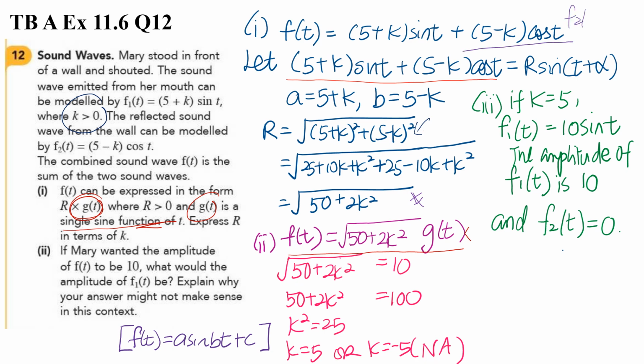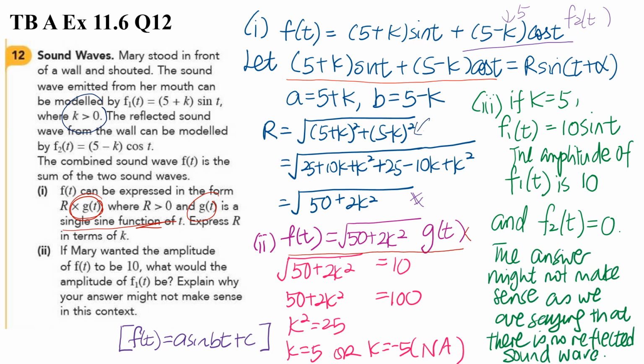You substitute k to be 5, what do you get? 5 minus 5 is 0. 0 times cos t is 0. So you get f2(t) to be 0. So what does it mean? It means that there's no reflected sound wave. So it does not make sense, because there's no reflected sound wave.